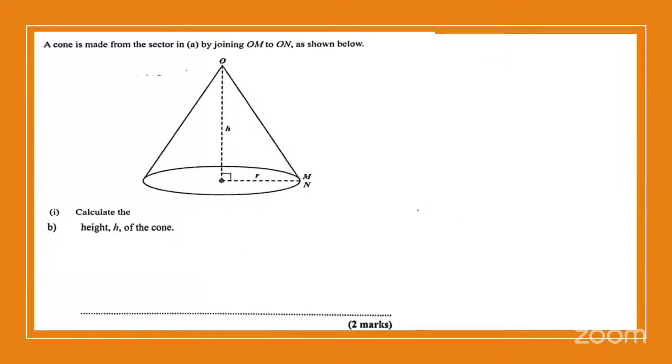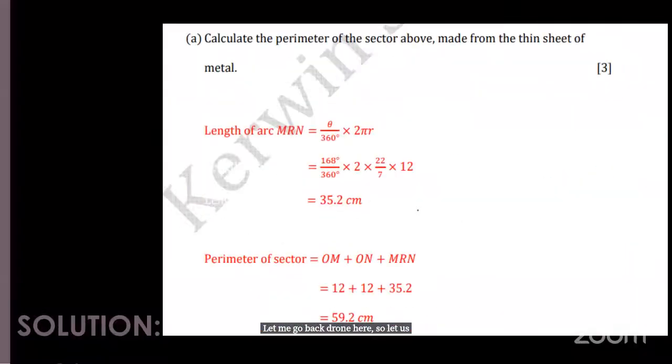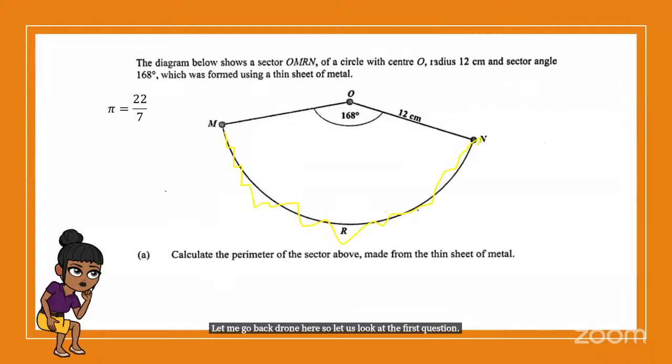Here now, you're asked to find the height of the cone. Look at this now and tell me what you see. You're asked to find, based on this, what do you have? Let me go back down here. So let us look at the first question. OM and ON.